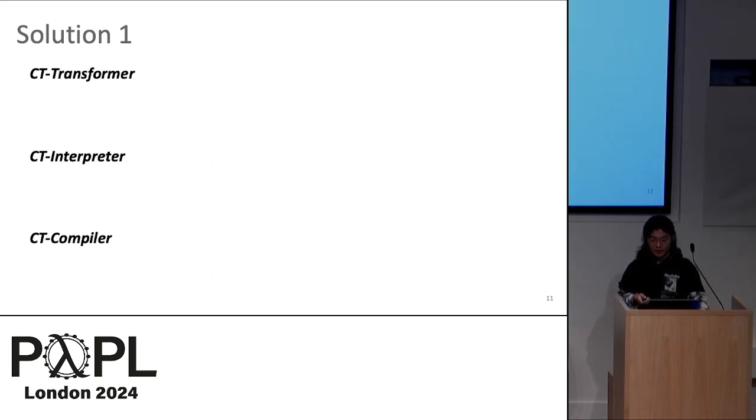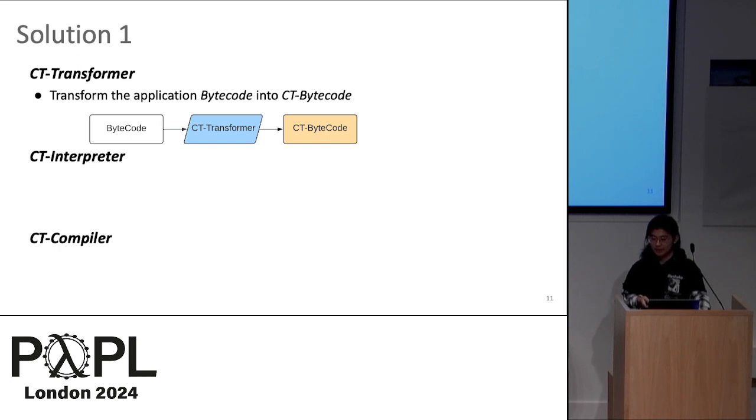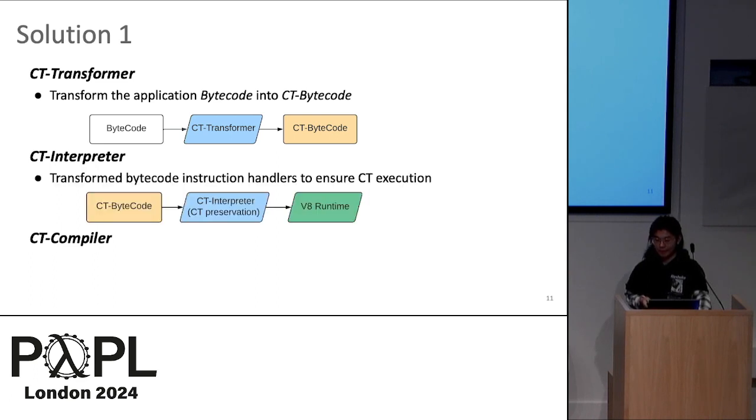We combine these three components to resolve this problem. We add a CT transformer to transform the non-constant time V8 bytecode to CT bytecode. We have a CT interpreter, which uses transformed bytecode instruction handlers to achieve constant time execution of the CT bytecode.